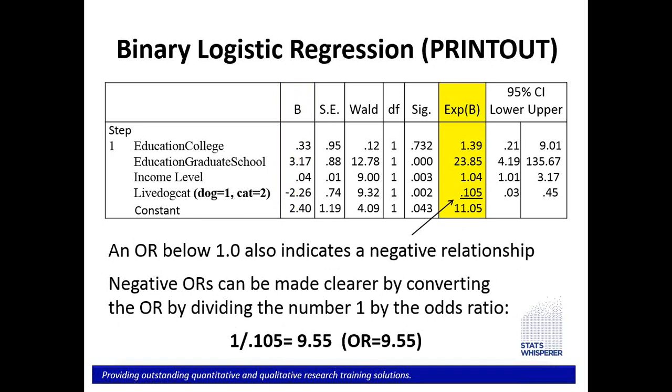Now, negative odds ratios can be made clearer by dividing 1 by the odds ratio. So if we divide 1 by the odds ratio 0.105, we get 9.55, a more easily interpretable odds ratio.